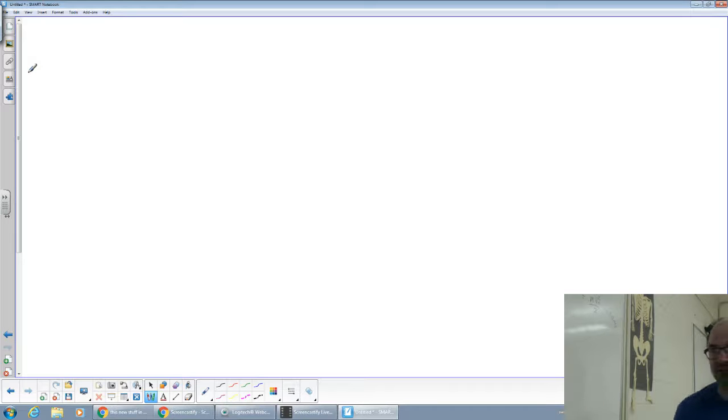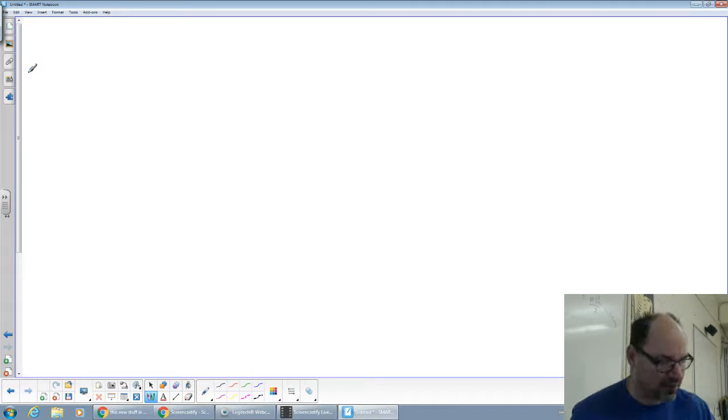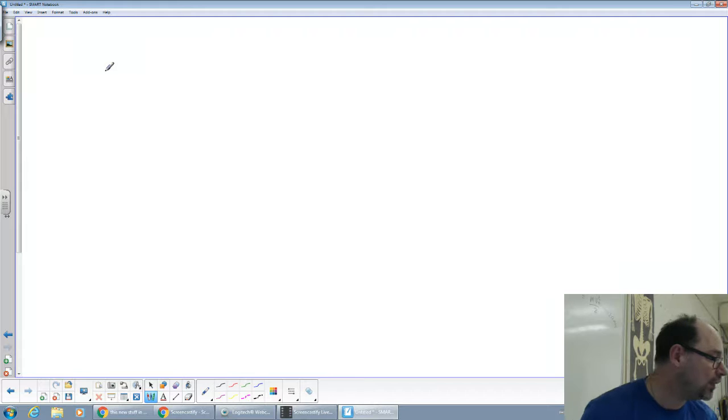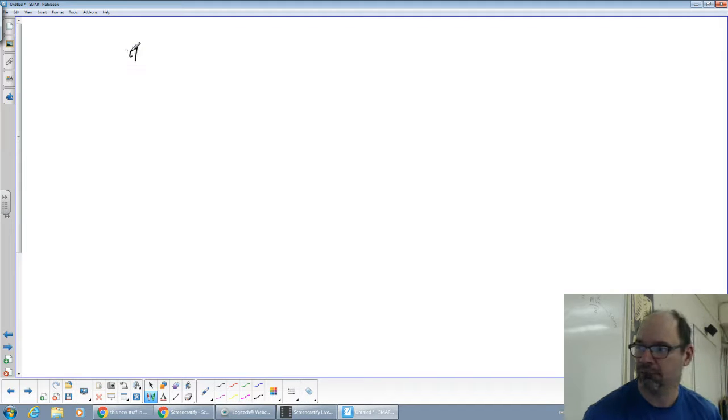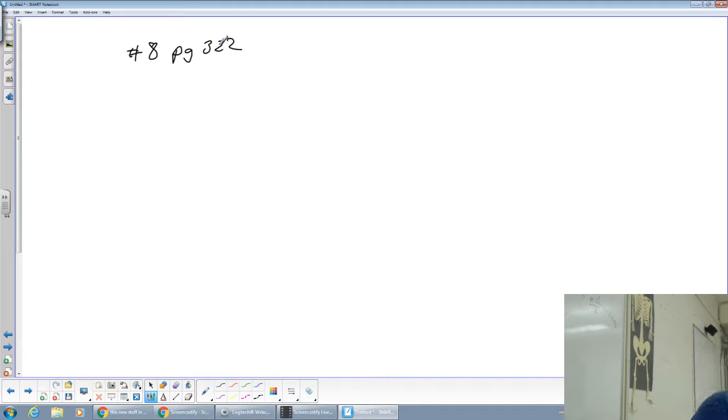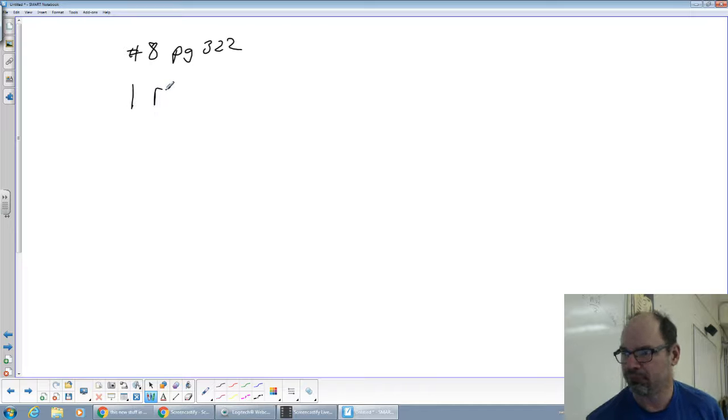So there is only one favorable outcome, that particular one that they told us. This is number 8 on page 322. They're telling us that they're going to have a specific job. There's a treasurer, a secretary, and a liaison, and each one of those people is going to get that.